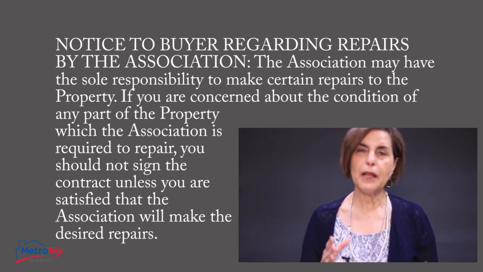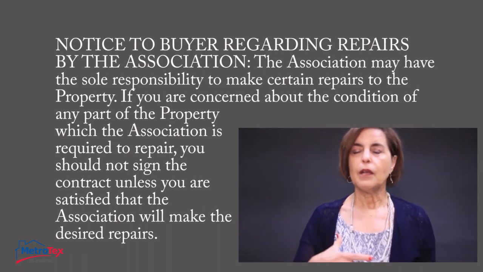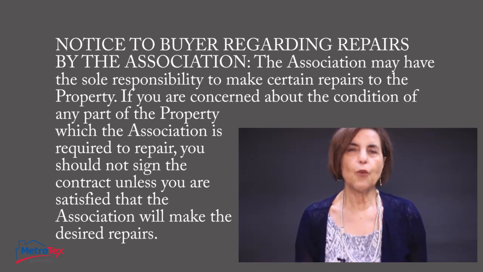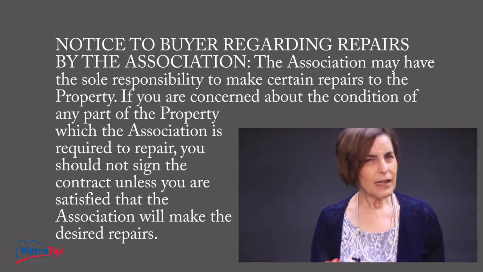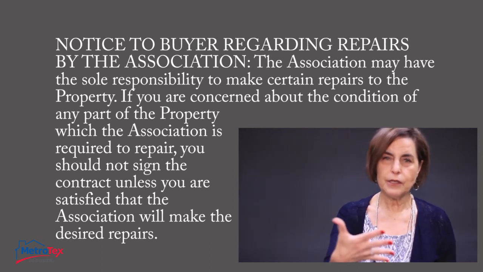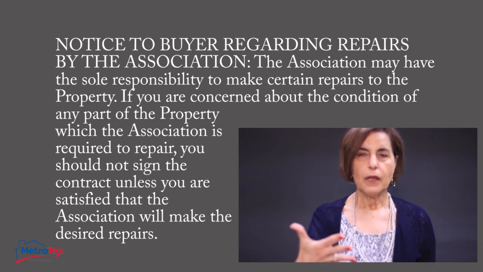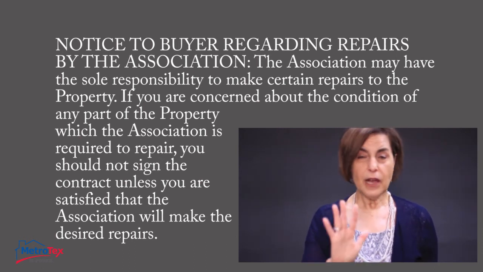Well, the hard part about that one is you may not know that there was some rotted wood or the balcony was a little bit loose or whatever, and you may not find that out till after inspections. So that would be your time to go to the association and say, we want these things repaired, and the association might say, fine, we'll do it.